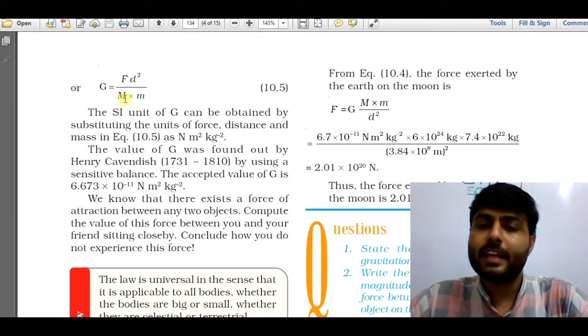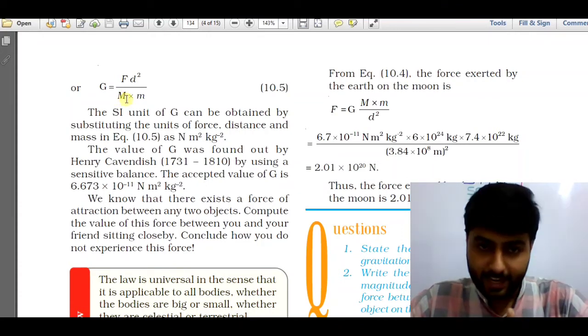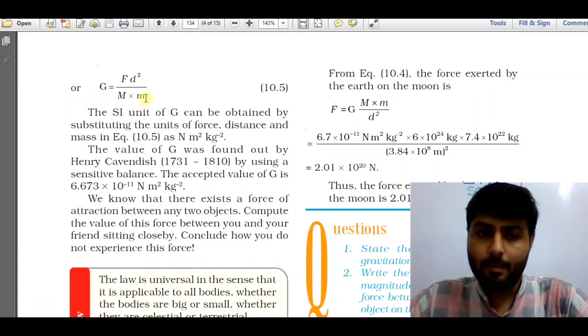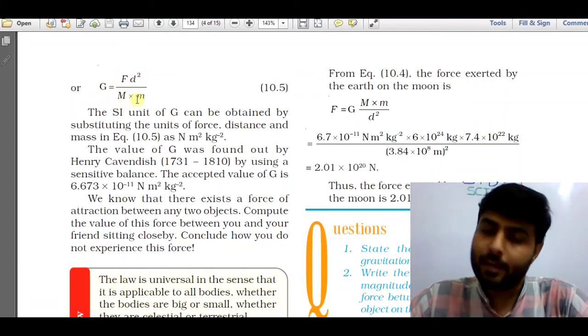Capital M is the mass of object A and small m is the mass of object B. Now, if we want to derive the SI unit of this G, we have to find the SI unit of all these quantities. Here you can see F, d square, M and m.